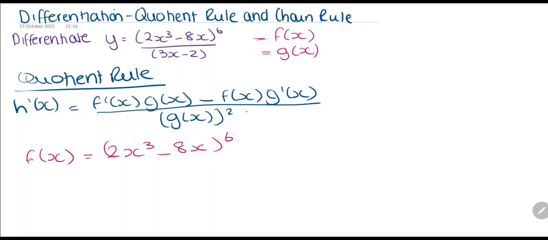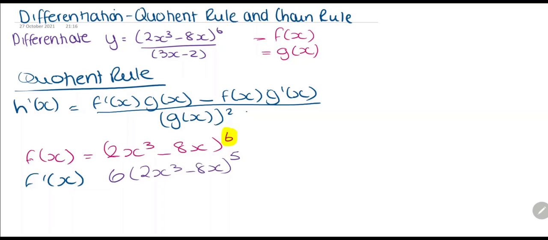To use the chain rule, this is going to be the short version. Our power of 6 is going to use the power rule. So we'll have 6 times (2x cubed minus 8x), and it's 6 minus 1, so that's to the power 5.